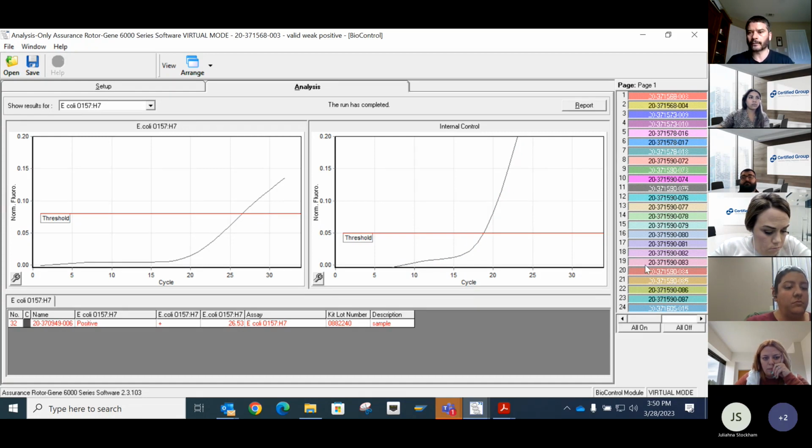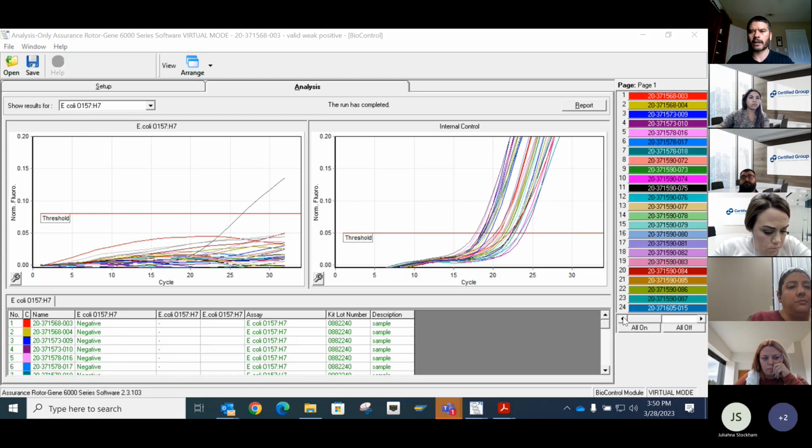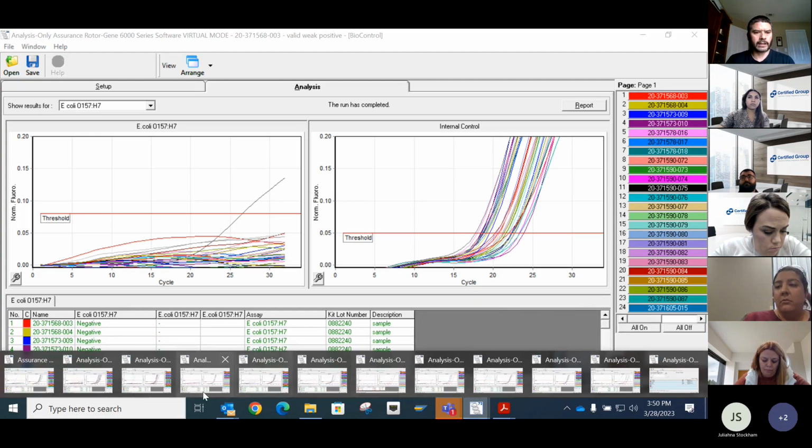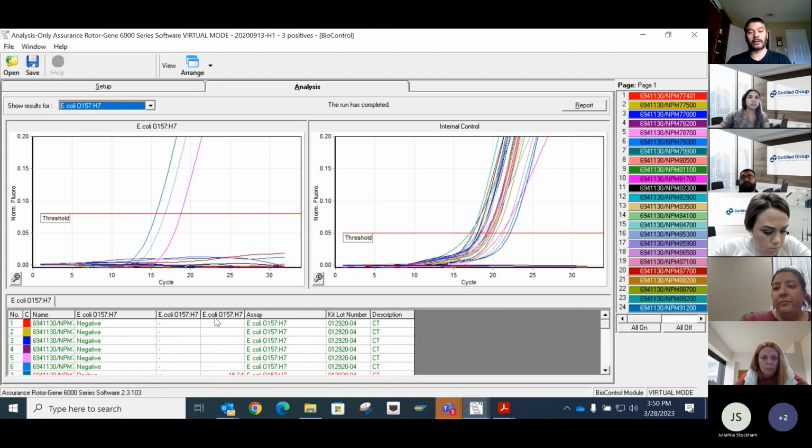We'll look at a bunch of invalid results in a minute, but first we can look at the next run, with multiple positives here, extremely valid, right? Just great amplification, really no inhibition whatsoever. ICs look great.